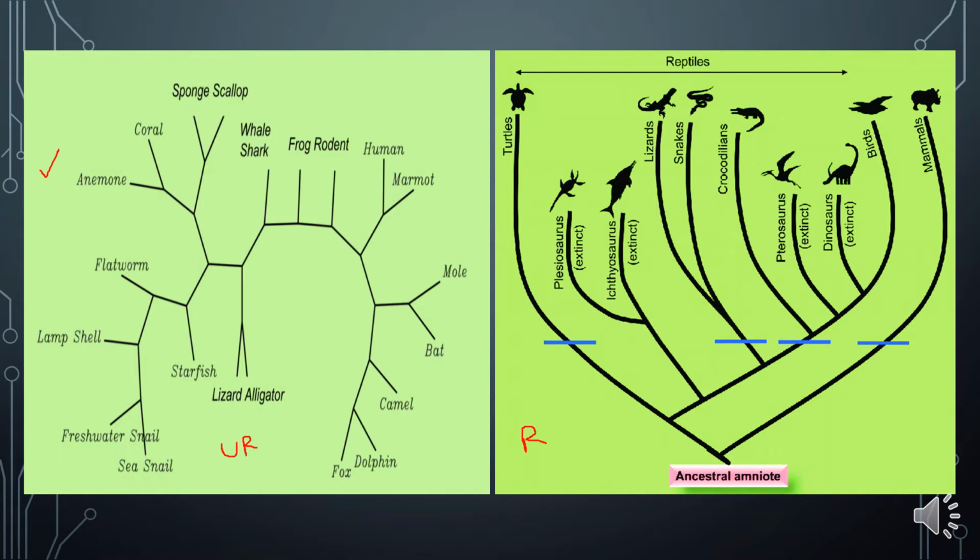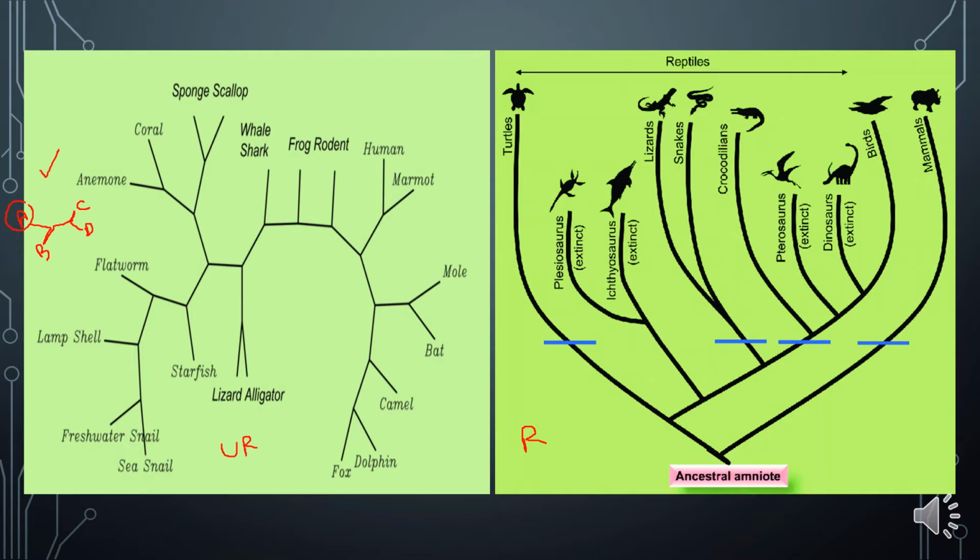So say for example this is organism A, this is organism B, this is organism C and this is organism D. Then we just have to hypothesize that maybe A is our common ancestor, and according to it, we will find out the relatedness. But here we are hypothesizing.